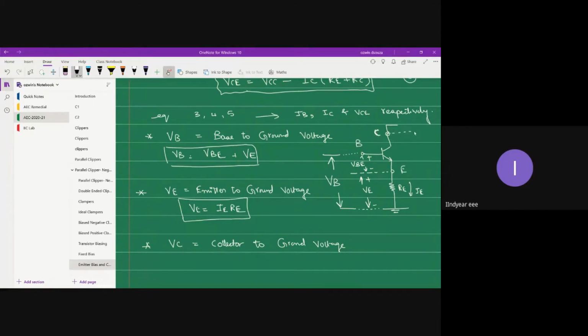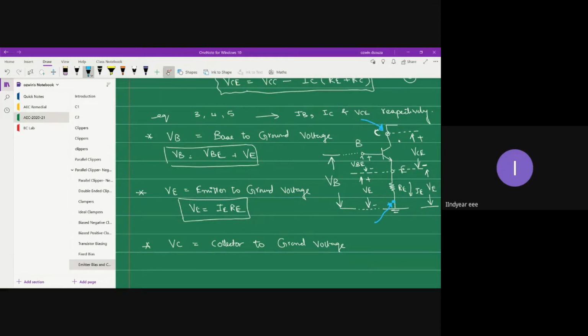Between collector and emitter terminal you have VCE, and between emitter and ground terminal you have VE. So between collector and ground, what do you have?